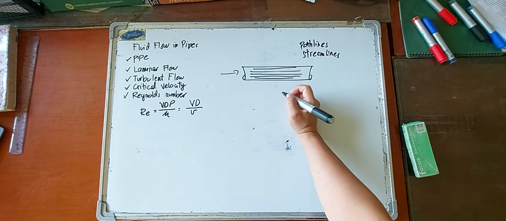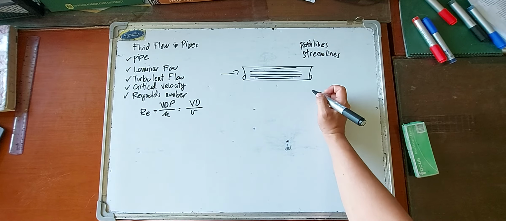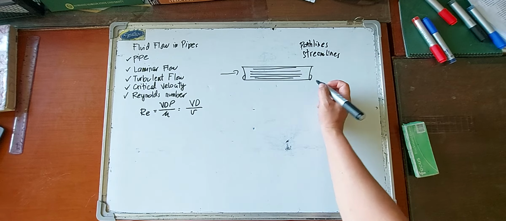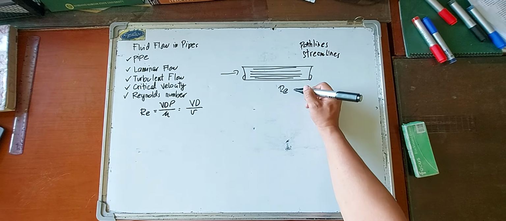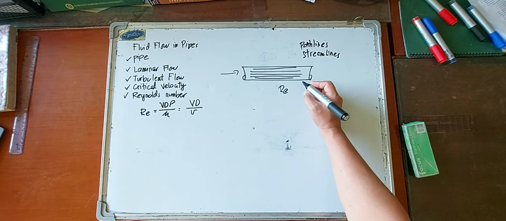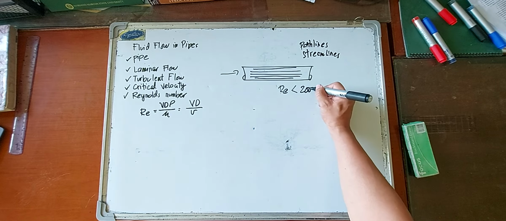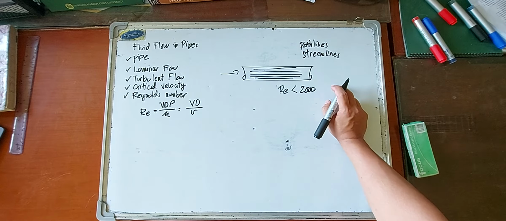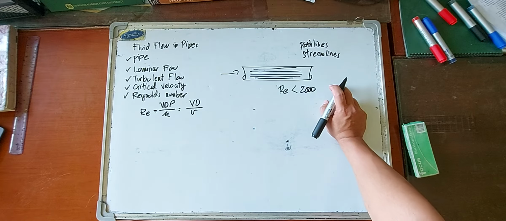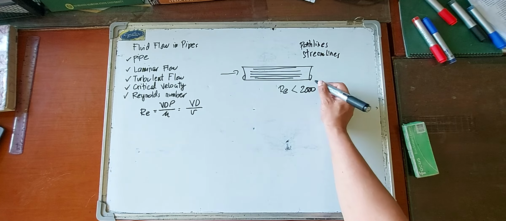Okay. And laminar flow, so the flow is said to be laminar when the Reynolds number is less than 2,000. Okay, the Reynolds number is less than 2,000. If you try to read other books, fluid mechanics or hydraulics books, hindi siya 2,000 ano.